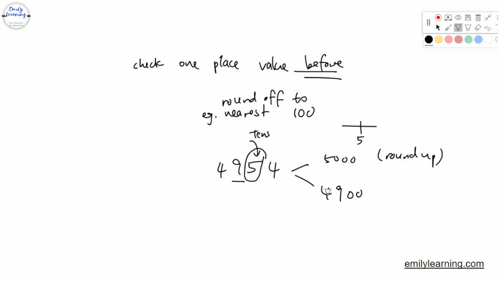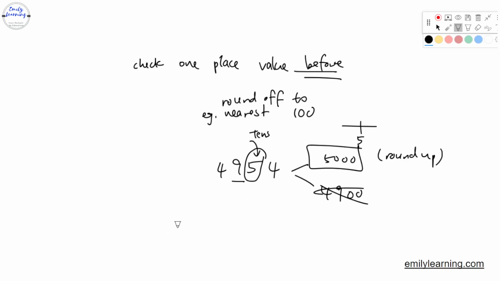So how do I determine whether it will be rounded to 4,900 or 5,000 when I round off 4,954 to the nearest hundreds? Well, I'll check the tens place. If the tens place is 5 or more, I'll round up. And if it's less than 5, I'll round down. So because in 4,954 the tens digit 5 is 5 or greater, we'll round it up to 5,000.